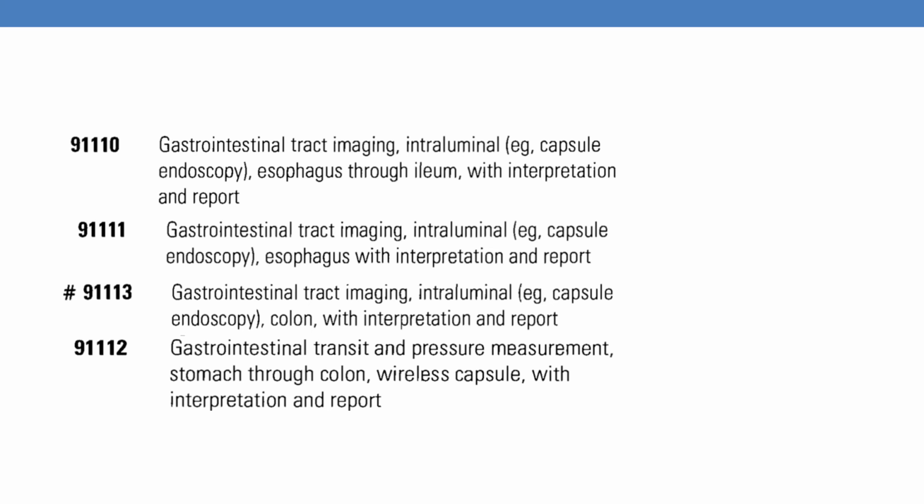The next code is 91113. That is coded for gastrointestinal tract imaging, intraluminal, colon with interpretation and report. The next is 91112. That is for gastrointestinal transit and pressure measurement, stomach through colon, wireless capsule with interpretation and report.